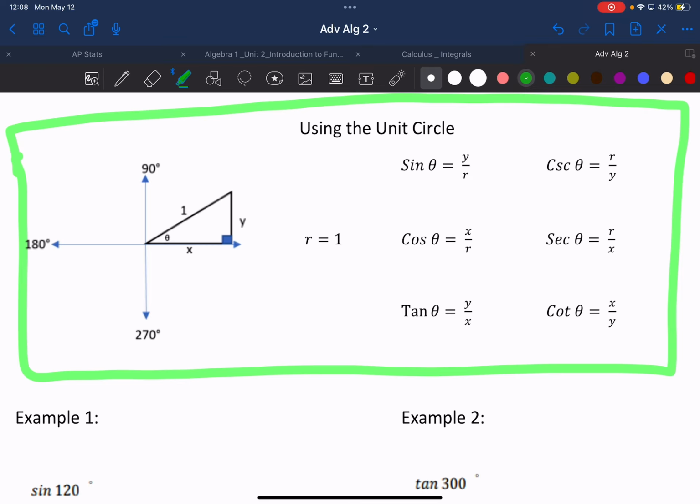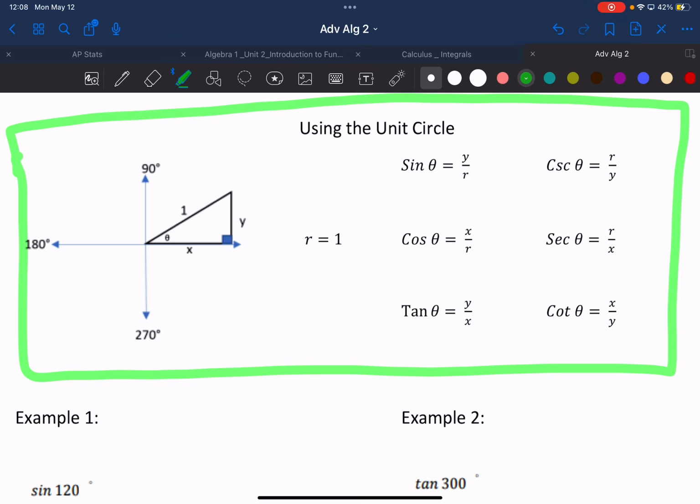And right here, you'll notice that the ratios look a little different, but if you reflect back to the triangle, it's still using the SOHCAHTOA. So sine is opposite over hypotenuse, cosine is adjacent over hypotenuse, and tangent is opposite over adjacent.